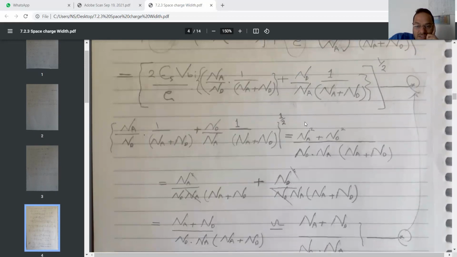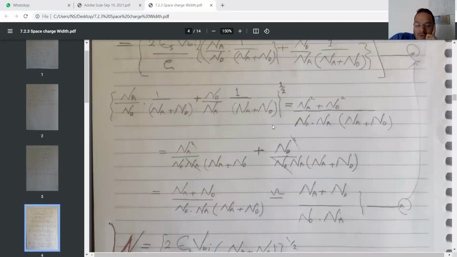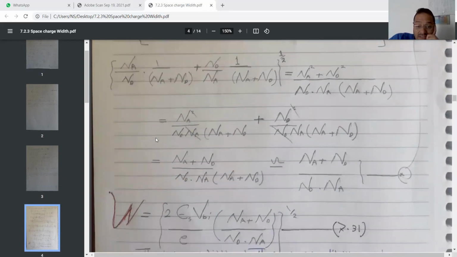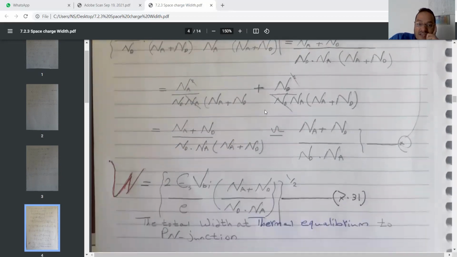Okay, like we're seeing here, we will delete some elements to simplify it. The last result is acceptor concentration plus donor concentration divided by donor concentration times acceptor concentration, times this bracket.